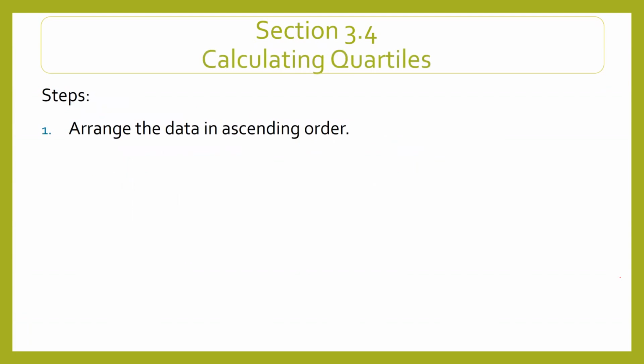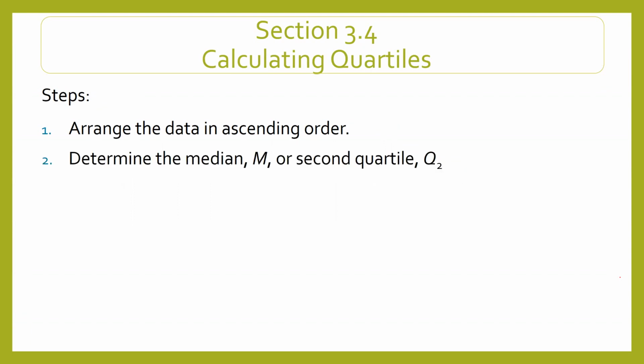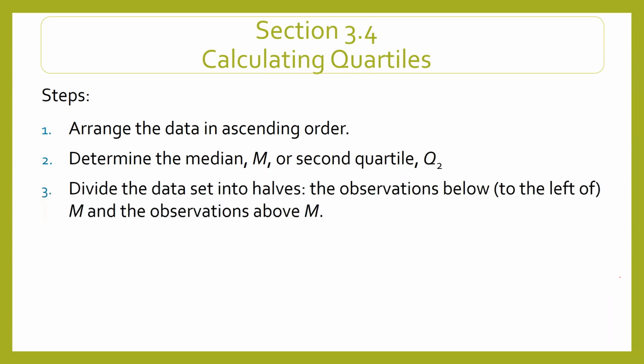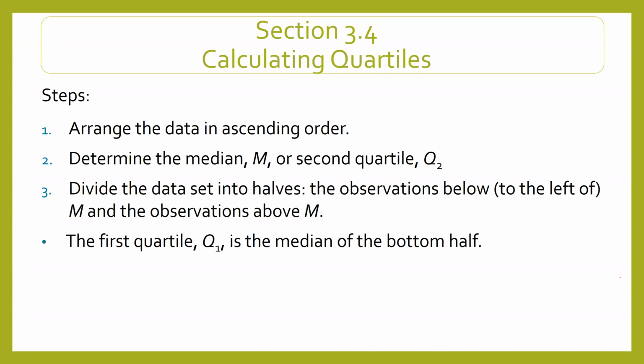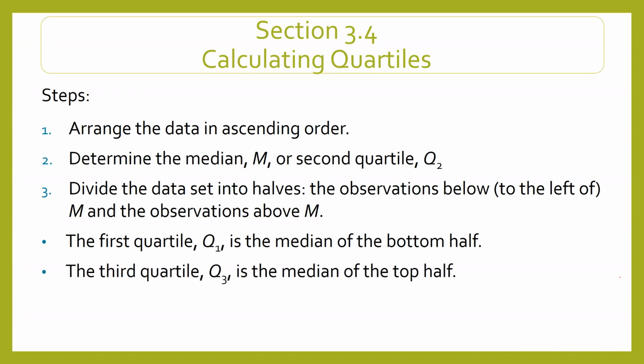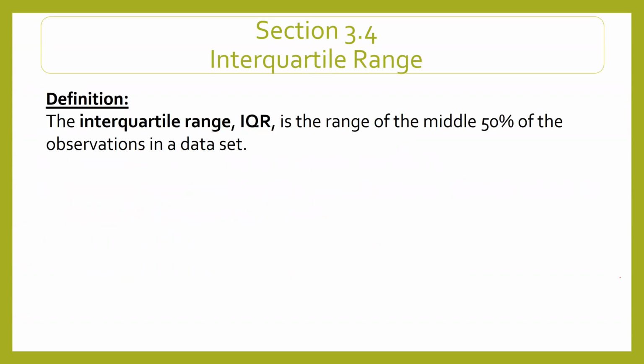All right, how do you calculate quartiles? Step 1, arrange data in ascending order. Step 2, determine the median, Q2 first. Divide the data set into halves, the observations below to the left and the observations above to the right. The first quartile, Q1, is the median of the lower half, and Q3 is the median of the upper half.